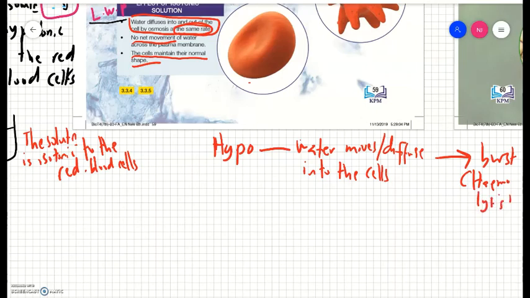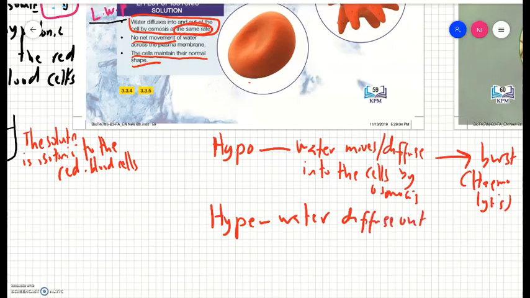hemolysis. Okay. If hyper, water will diffuse out by osmosis. Mesti by osmosis. Water diffuse out by osmosis. It will cause the red blood cell to shrink.